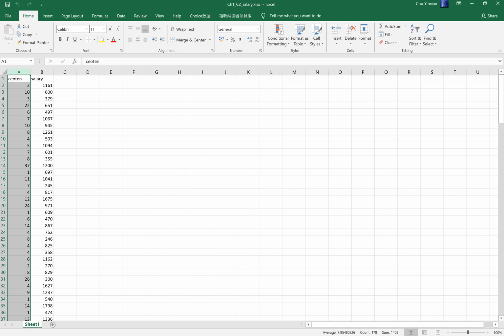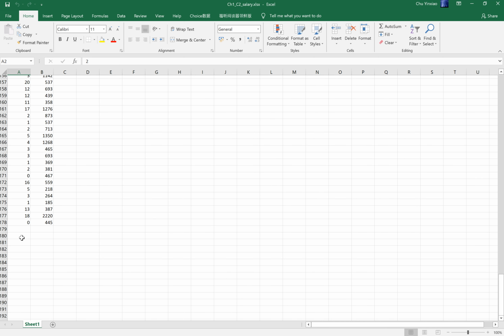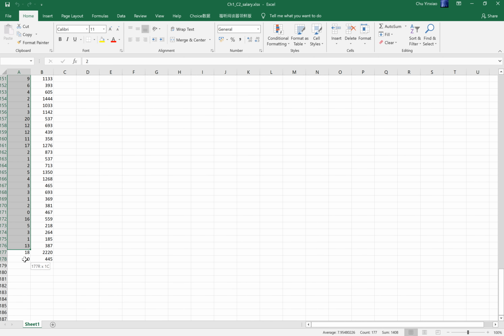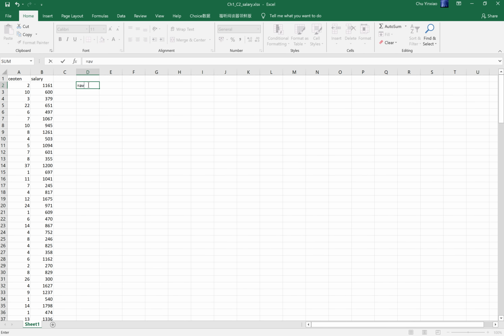So here, the average CEO tenure is 7.95, almost 8 years. In Excel you can also use the average function, right?